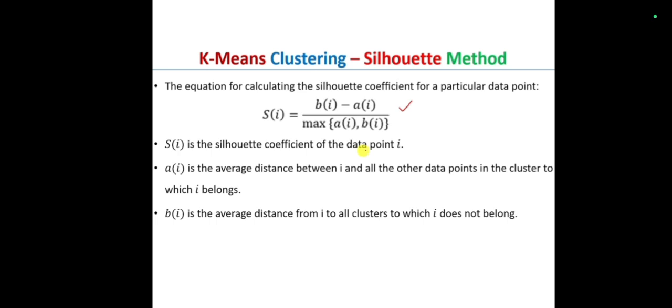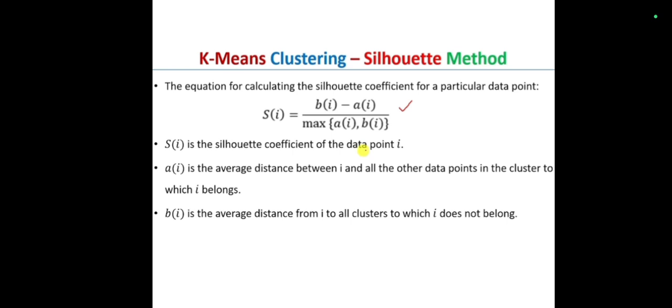To calculate the Silhouette coefficient, we have to use this equation, that is S(i) = (b(i) - a(i)) / max(a(i), b(i)).